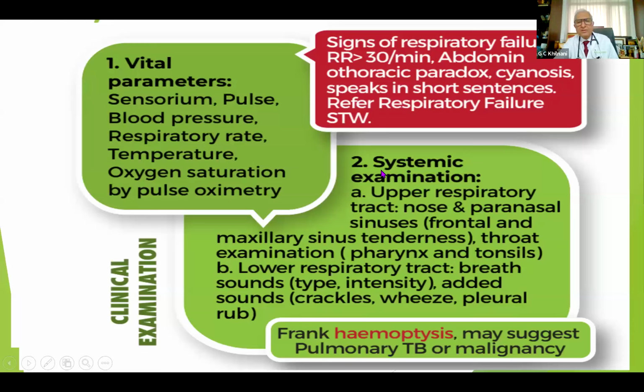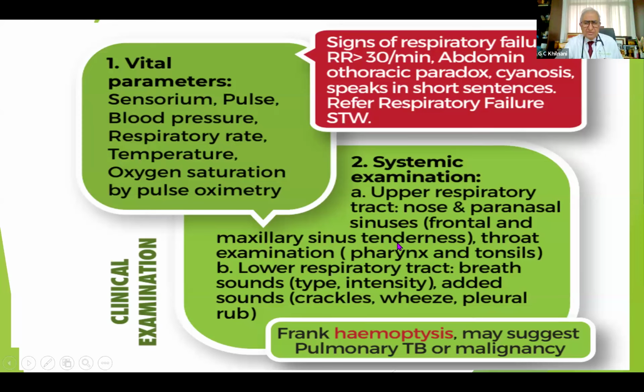It is important to point out here that in the history, if there is hemoptysis, this takes you towards tuberculosis or malignancy. Although in pneumonia there can be hemoptysis, it can also be in pulmonary embolism, and there are so many other diseases, but the most common remain tuberculosis, bronchiectasis, and malignancy.